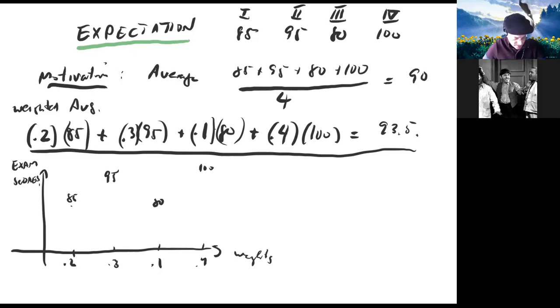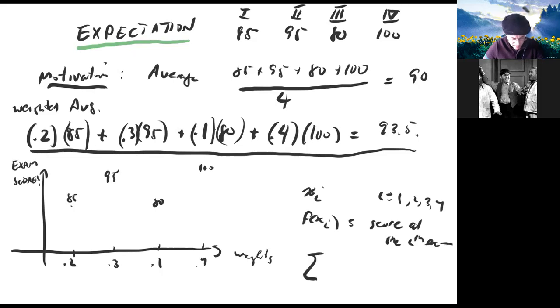If we let the weights be denoted by xi, i goes from 1 to 4, and we denote the score at the ith exam by f of xi, we're taking the summation, i from 1 to 4, of xi times f of xi. So that would be the weighted average.